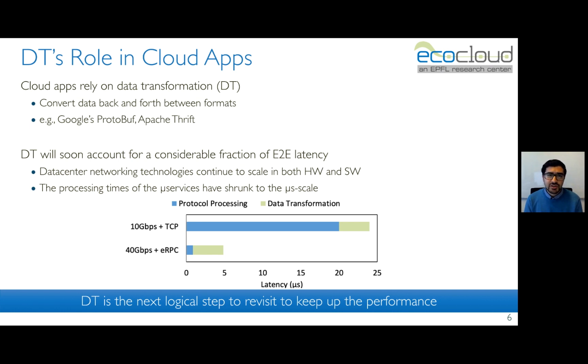The DT layer hasn't changed that much and is orders of magnitude behind in terms of performance. As you can see, as the new networking technologies continue to scale, DT will soon account for a considerable fraction of the end-to-end latency, making it the next logical step to revisit to keep up the performance. This gets exacerbated as processing times of microservices are shrinking to microsecond scale.